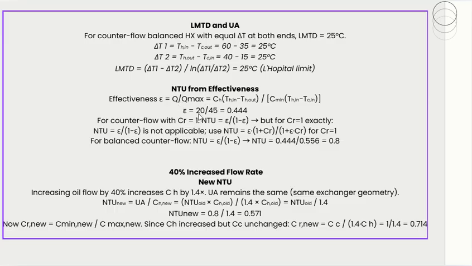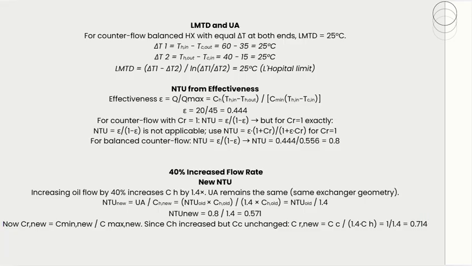So epsilon equal to Q by Q max, which is equal to 20 by 45, which comes out to be 0.44 for a counter flow, with CR equal to 1 and NTU equal to epsilon upon 1 minus epsilon. We get NTU value as 0.8. So for 40% increased flow rate condition, we'll find the new NTU value.